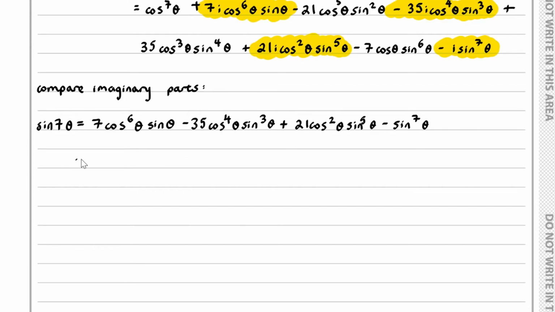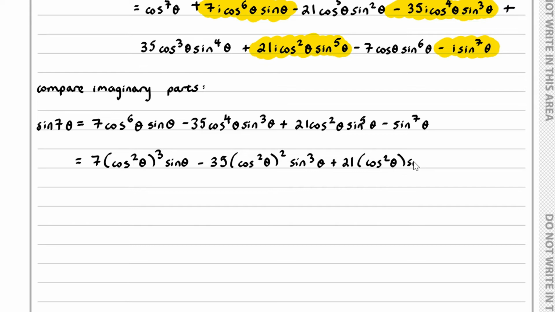So what we can see over here is we've got 7 times cos squared θ cubed times sin θ, minus 35 times cos squared θ squared times sine cubed θ, plus 21 times cos squared θ times sine θ to the 5, minus sine θ to the 7.